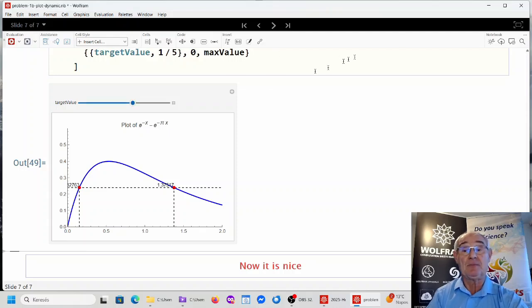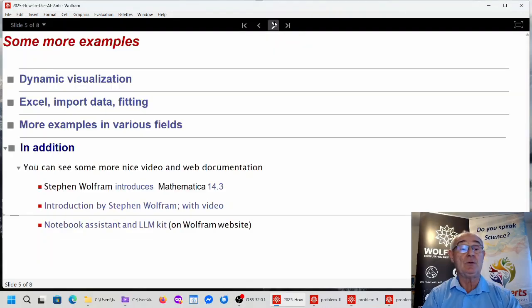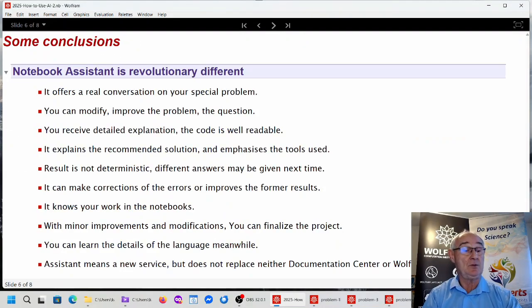That's it. So, ladies and gentlemen, that was a little bit more complicated example. Actually, two more examples in which the technical tools are not trivial at all, but after discussions we could obtain a nice result. So now let's consider some conclusions.